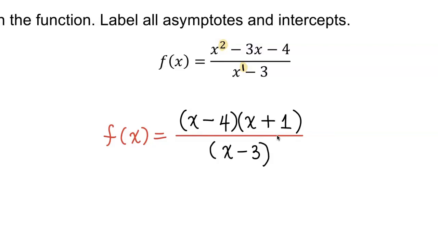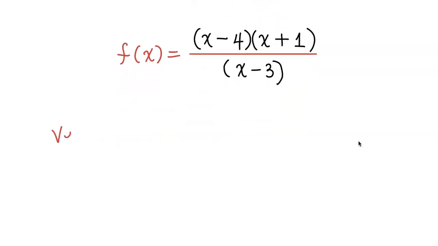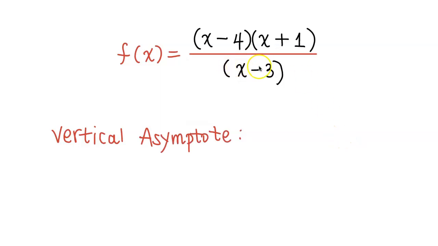And if they cancel, then it doesn't have a vertical asymptote. Then it's going to have a hole at that canceled value, okay? Now, we didn't really cancel anything out. So let's go ahead and find the vertical asymptote here, okay? Vertical asymptote happens at the 0 of the denominator, after you cancel everything out.